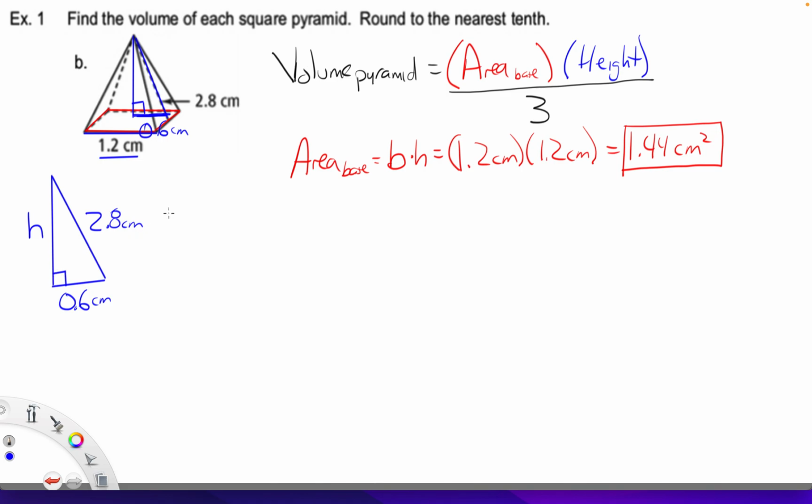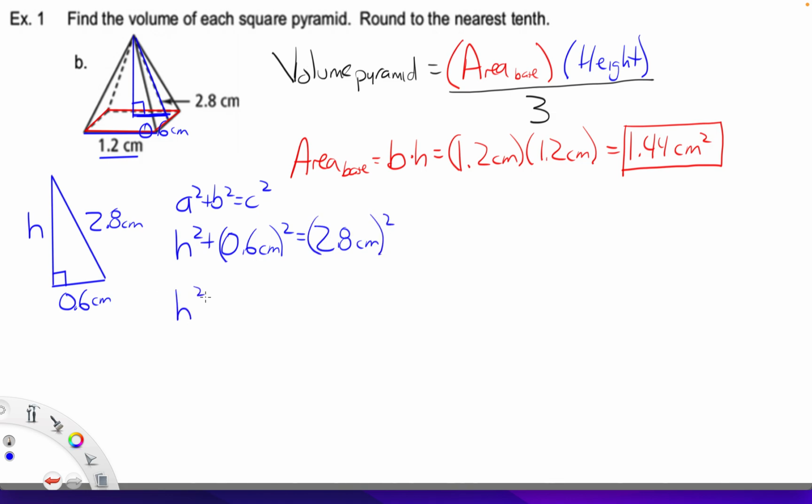So like any right triangle, a squared plus b squared equals c squared. Our Pythagorean theorem holds. If I make this side a and this side b and this side c, then I've got h squared plus 0.6 centimeters squared equals 2.8 centimeters squared.